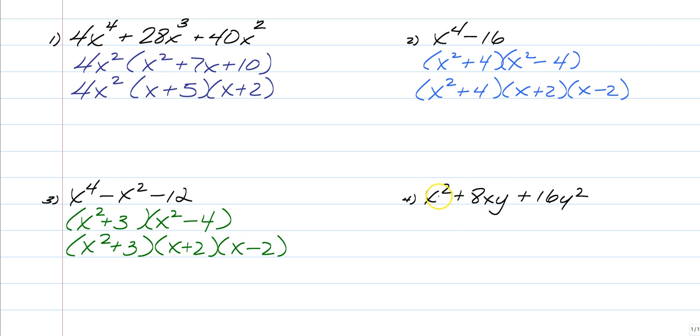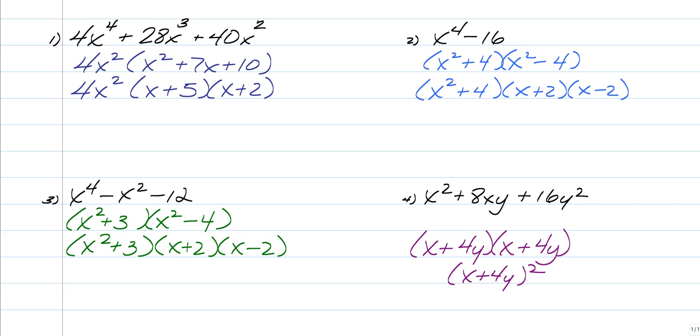Since we're starting with an x squared, we're going to factor that in the same way. We're just going to need to add a y to the second term. So what multiplies to 16 but adds to 8? That would be 4 and 4. So this would be x plus 4y, and again, x plus 4y. Since they're the exact same, we can write those as the square of a binomial. That would be x plus 4y quantity squared.